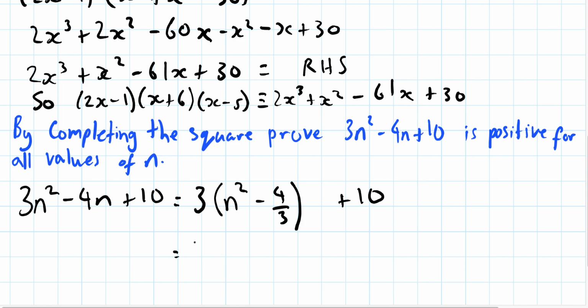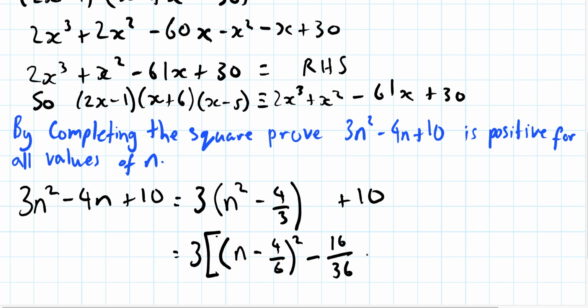Equals 3, and then I'm going to do my completing the square here: n minus half of that, 4 over 6, squared, minus, square that, 16 over 36, plus 10.